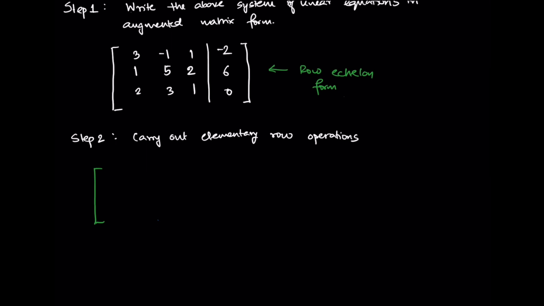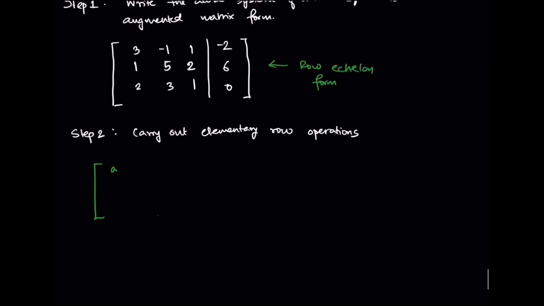We will reduce all the coefficients into zeros by our elementary row operations, and we will create the zeros in such a way that the first non-zero coefficient of each row keeps moving its position to the right. So let's say we have our first non-zero coefficient here.